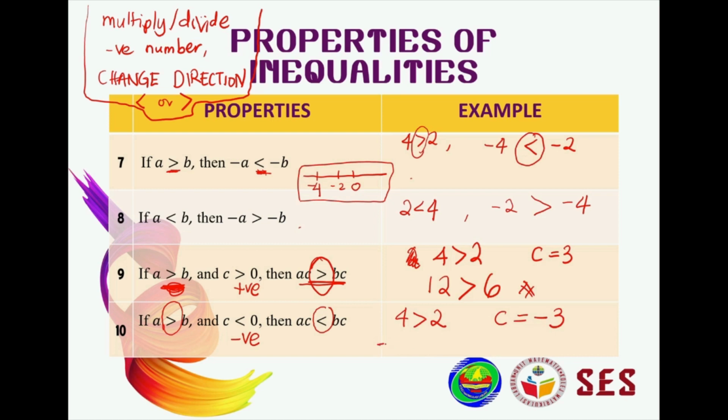I will have negative 12 and negative 6. If I draw a number line, 0, negative 6, negative 12, it looks like this, right? And we can see that negative 12 is smaller than negative 6. Hence, the direction should be like that. Negative 12 is less than negative 6. Okay, guys?